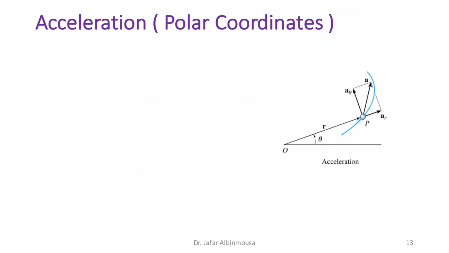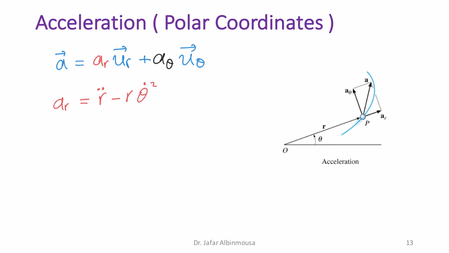So from the previous slide, we have shown that acceleration can be written as ar ur plus a theta u theta, where ar is equal to r double dot minus r theta dot squared, while a theta is equal to r theta double dot plus 2 r dot theta dot.